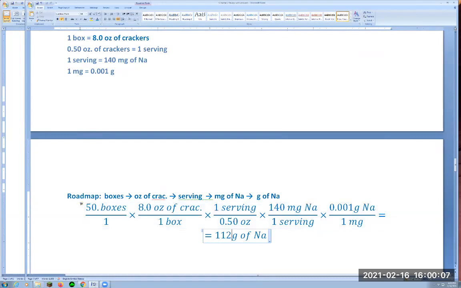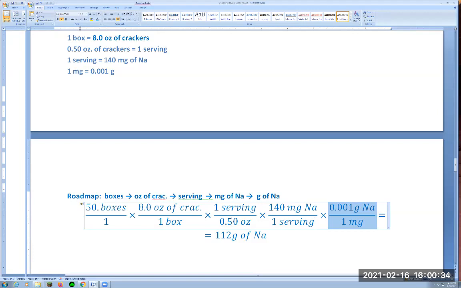So let's see. We need now to pay attention to significant figures. So the 50 boxes, as I said earlier, has two sig figs. The 8.0 ounces, two sig figs. The one box is exact, one serving is exact. I want to say that this is all exact. This is by definition, 1 milligram equals 0.001 gram.